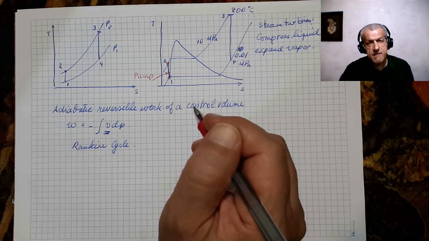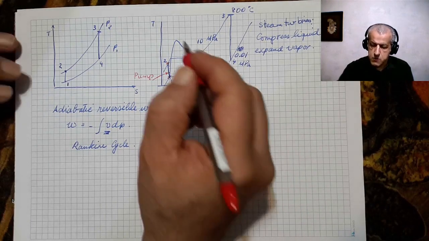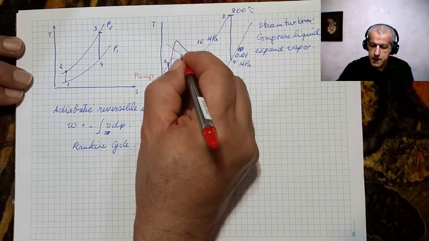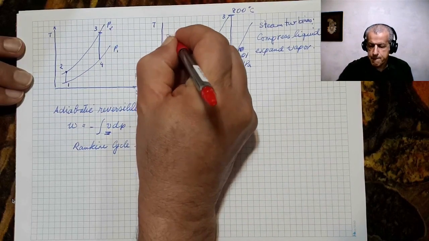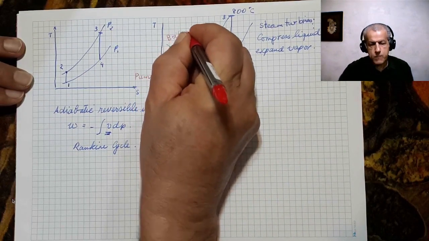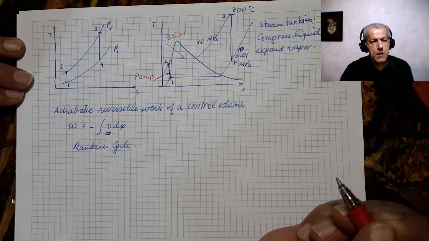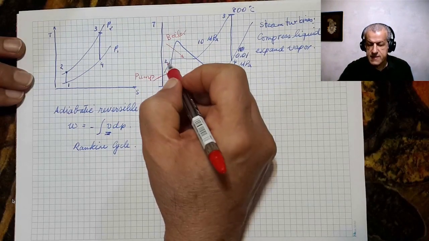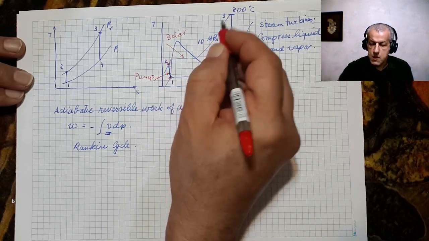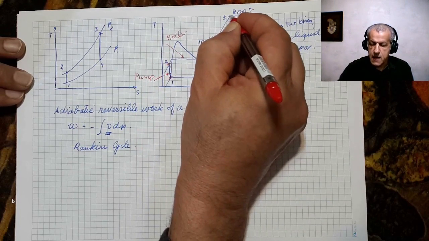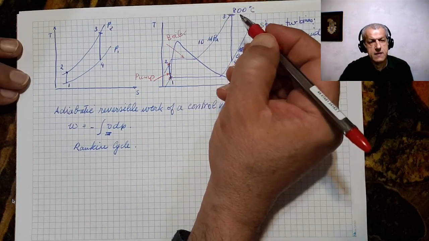Then it is delivered to another instrument, which is called a boiler. This is the boiler, which just heats that water to values as high as 800 degrees C.